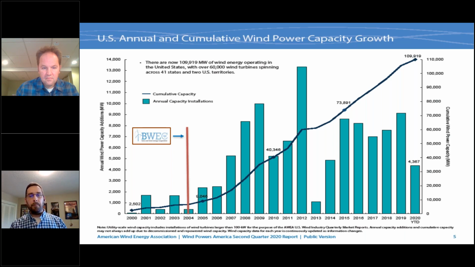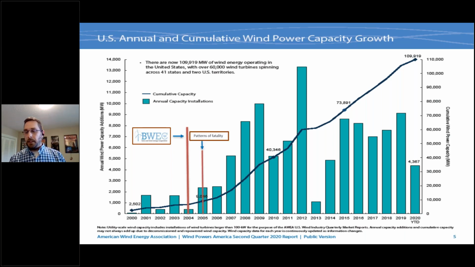And this spurred the development of the Bats and Wind Energy Cooperative, which is a collection of stakeholders with a goal of developing and disseminating measures to monitor or mitigate bat fatalities at wind energy facilities.